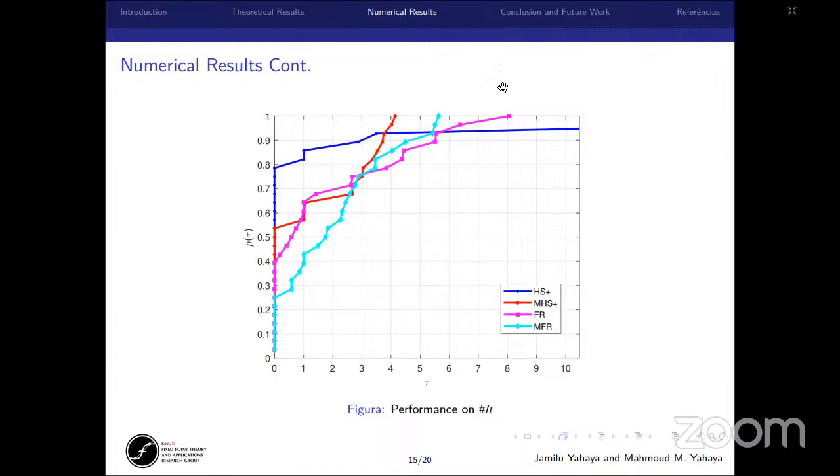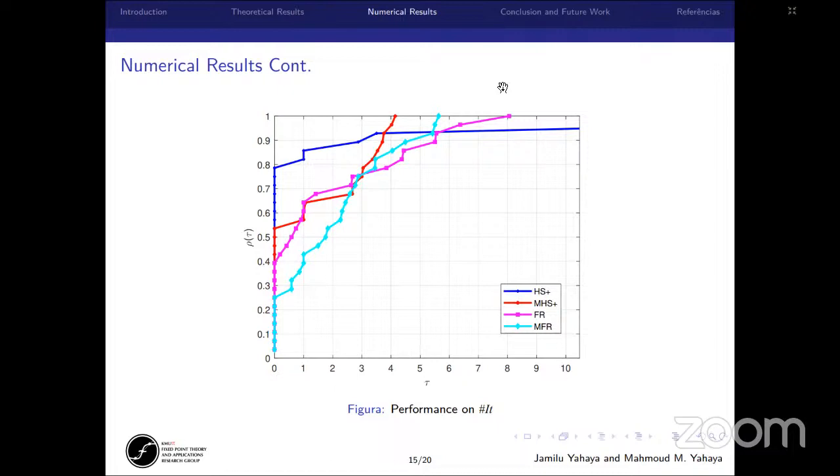The formulations that we came up with here, indicated by MHS plus and MFR, were all able to solve all the problems, which indicates that they are more robust. They also turn out to have a bit of efficiency as well, if you look at, for example, the red one, unlike the previous formulations out there.